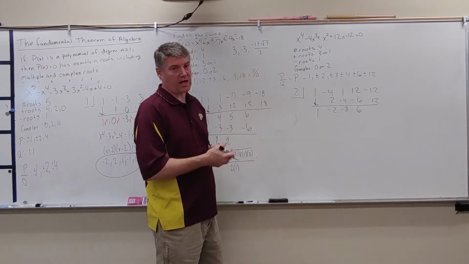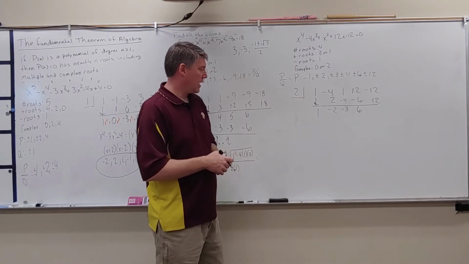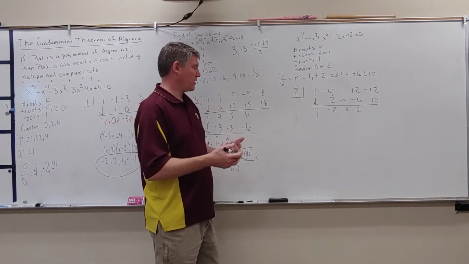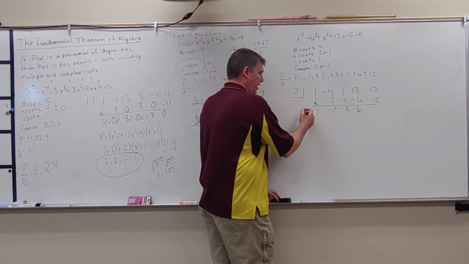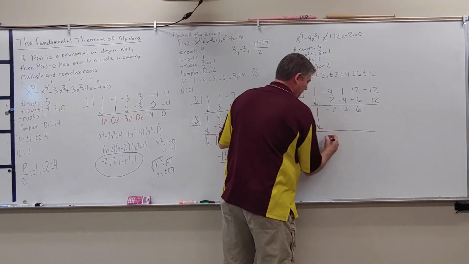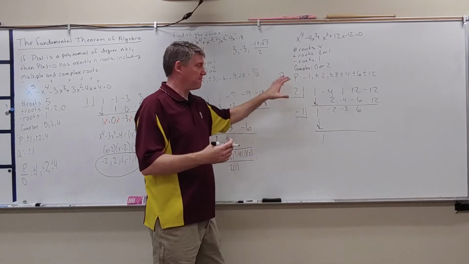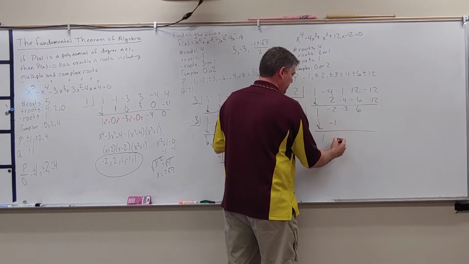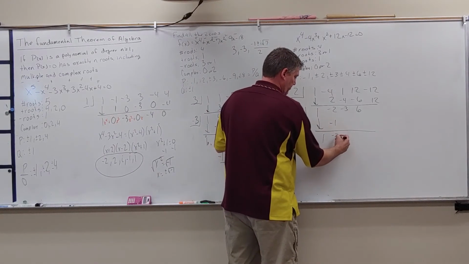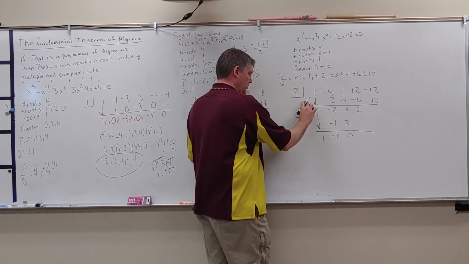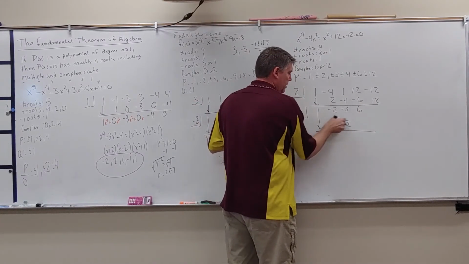It could be a radical zero. Hopefully I'll find it with these rational zeros and be done with it. So this gives me -1, this gives me -3, +3, 0. That's not going to work. So -1 does not work.